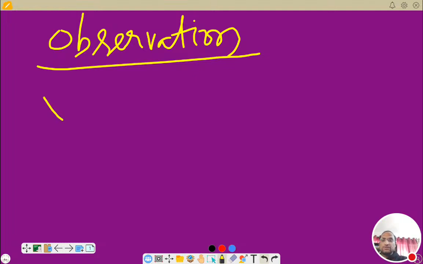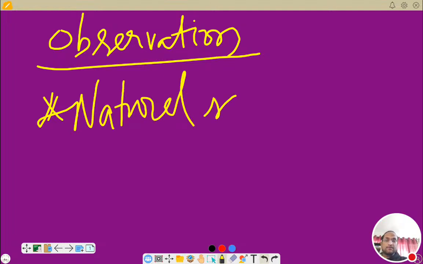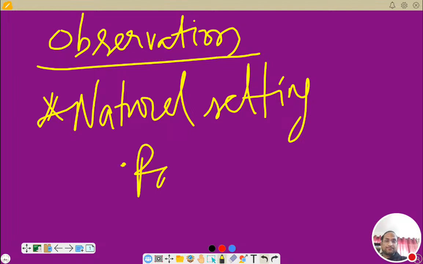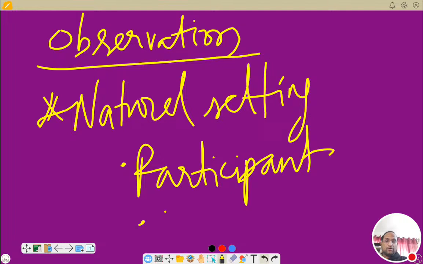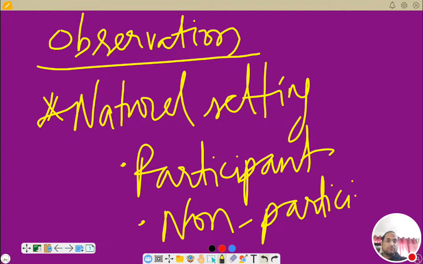Some phenomenon is happening in the natural setting, and you are part of it, as a participant or a non-participant. Either you participate, that is, you are part of the group which is being observed, or you are not part of the group. In both ways you are recording the behavior, recording the behavioral dimensions of the subjects who are part of the study.